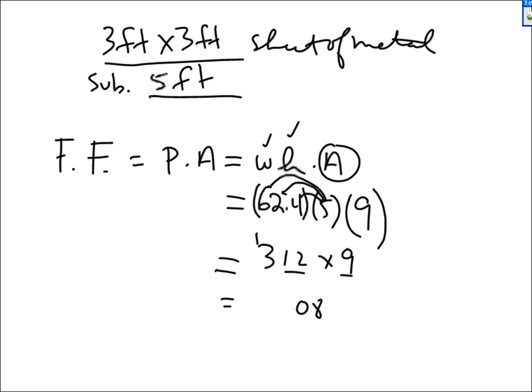Carry it 100. 2,700 plus one more. 2,808 pounds. That's the fluid force on this 3 foot square sheet of metal submerged 5 feet into the ground. Sorry, 5 feet deep in the water.